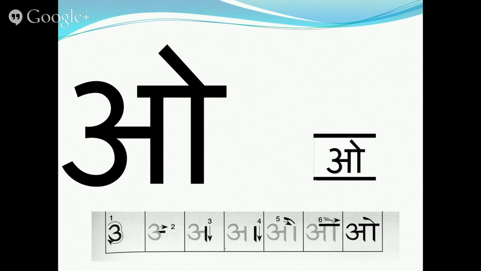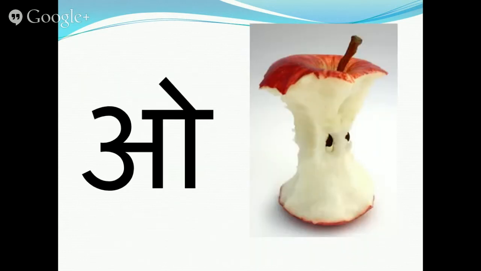So if we were relating this to English, what might we say? Well, it's kind of like the sound in the word apple core, right? Core. Of course, and also like the letter O. But once again, we get rid of that slight oo sound at the end. So instead of saying O or core, you just say core.